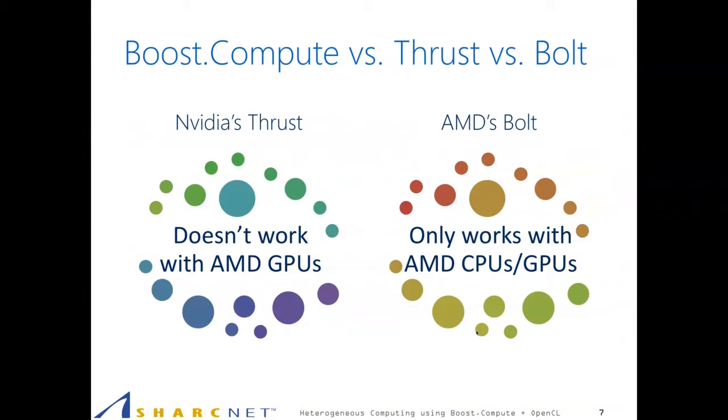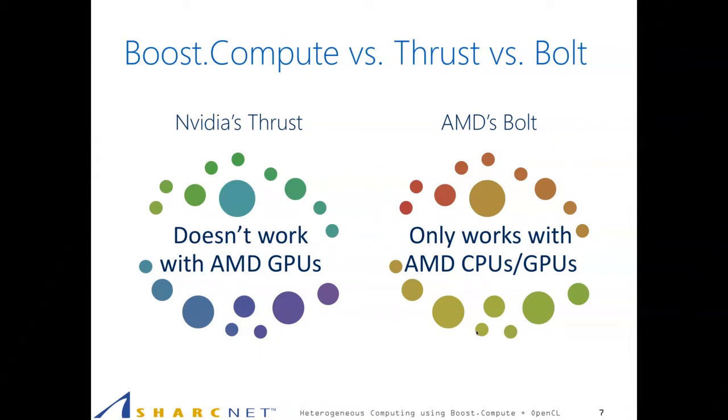But before we start talking about Boost.Compute, let's see what's the main advantage of Boost.Compute over the other C++ libraries, I mean Thrust and Bolt. Actually NVIDIA's Thrust, because it's running on the CUDA platform, is a little bit faster than the OpenCL implementation, which is also available on CUDA. But the problem with that is it doesn't work with, for example, AMD GPUs.